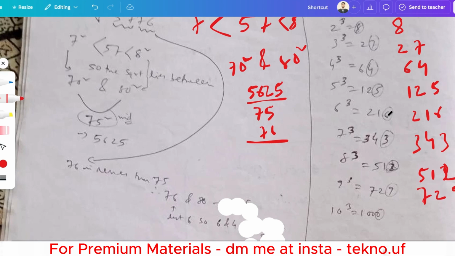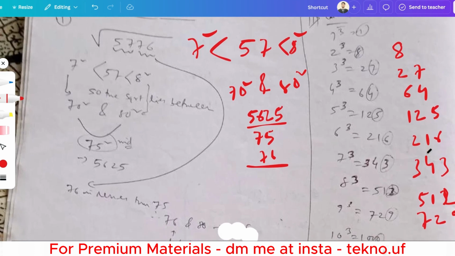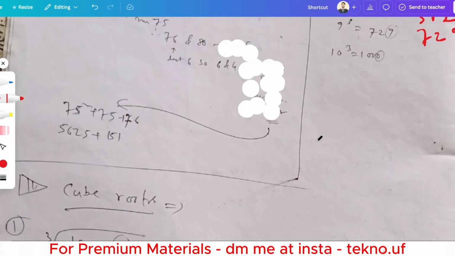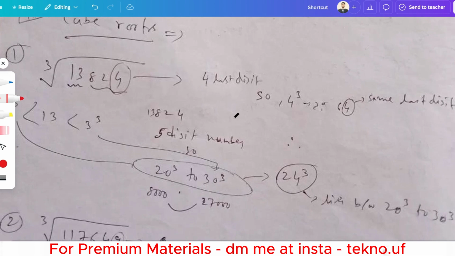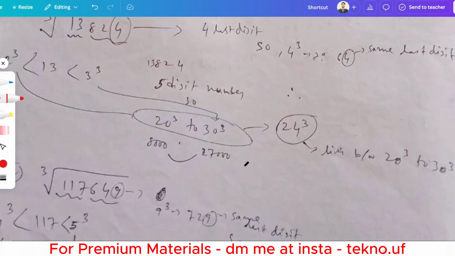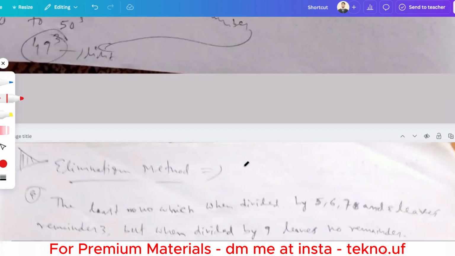Just remember this as of now. It is very helpful if you remember all these cubes. For cube roots as well, a trick is given. I'm not going to discuss this because it is still complicated for me as well.